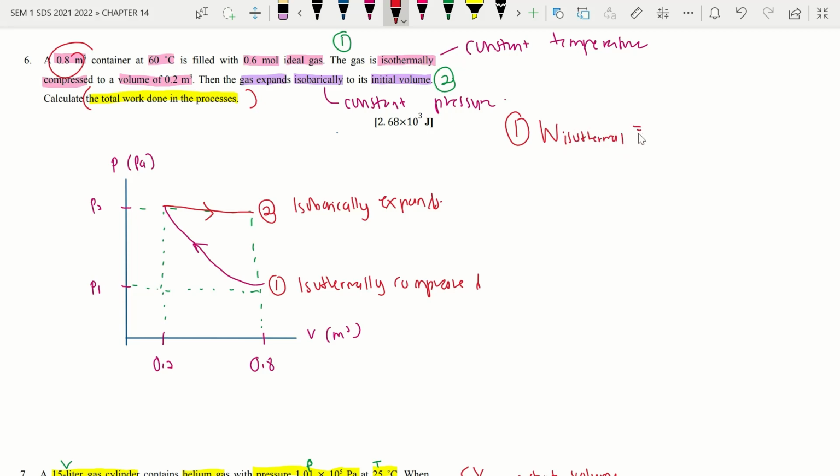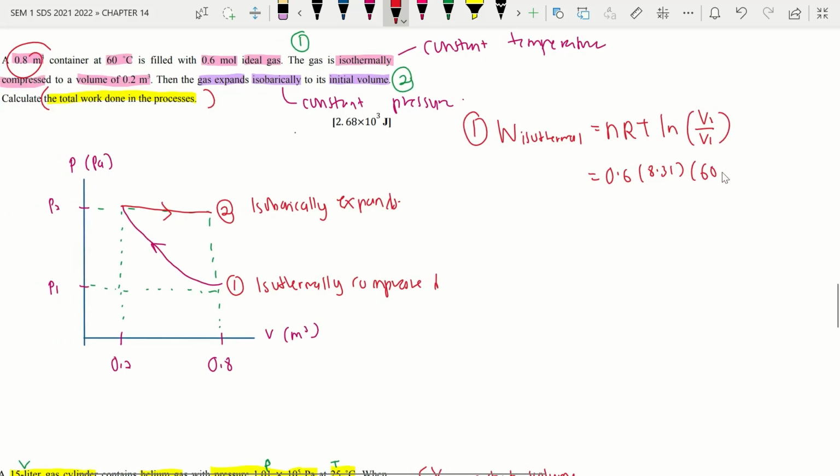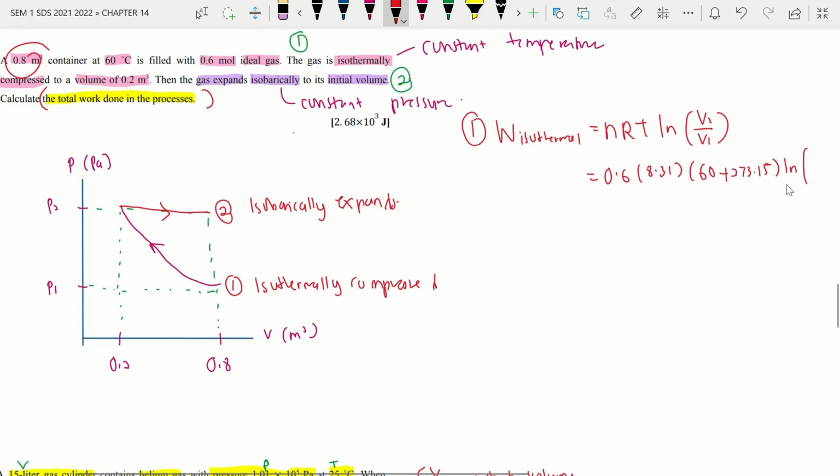So we know for isothermal process, the work done formula is nRT ln V2 over V1. So number of mole given is 0.6, molar gas constant is 8.31, the temperature is 60, we need to convert it into Kelvin, plus 273.15, ln, and your volume.